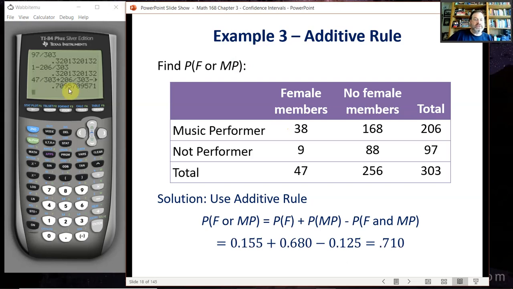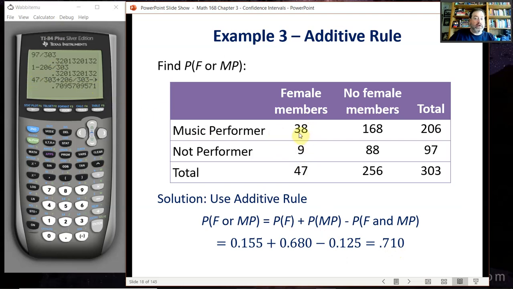Here you can see I put the fractions in. In the example, I used the decimals because we had already computed these numbers in a previous example, but I wanted to show it again live so you can see what it looks like. And here you can see where this stuff comes from. If we're adding all the females, that's 38 plus 9 to get us this 47.